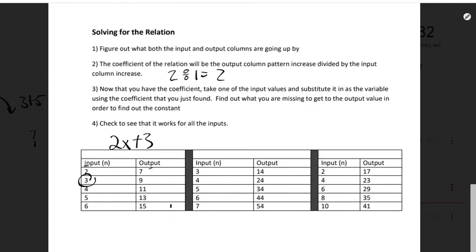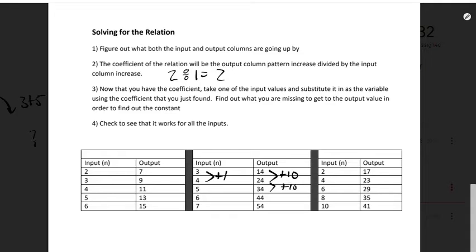You try it again, and we'll try the 3 now. 2 times 3 is 6. How did it get to 9? Yes, it was add 3. So that rule does work, right? Again, let's take a look, and this is going up by 10 every time.